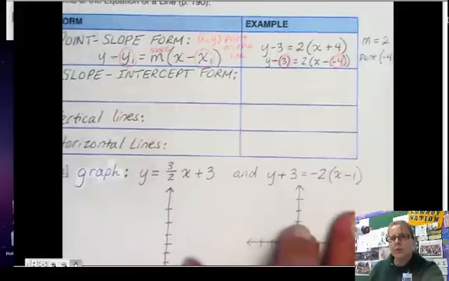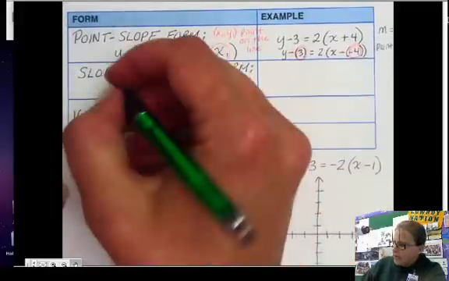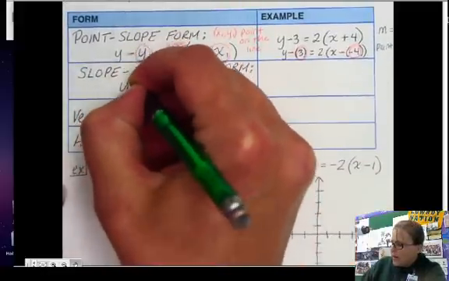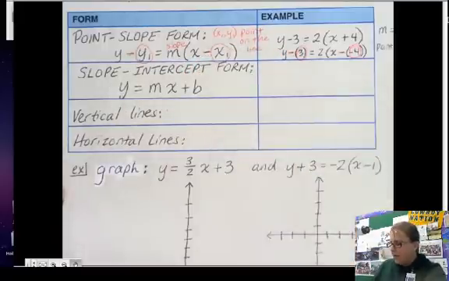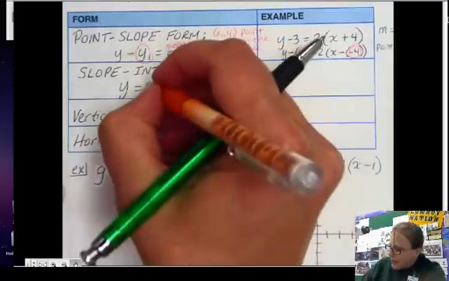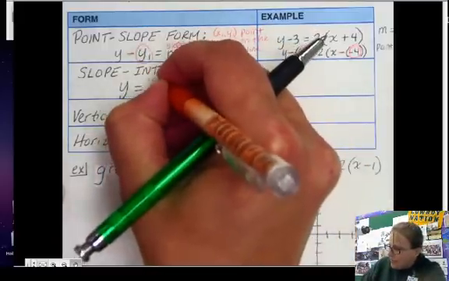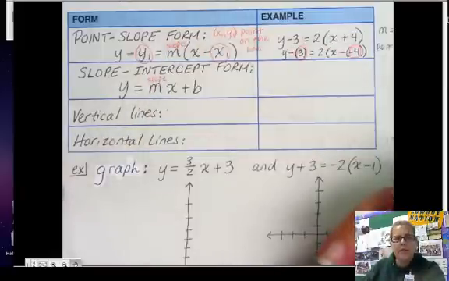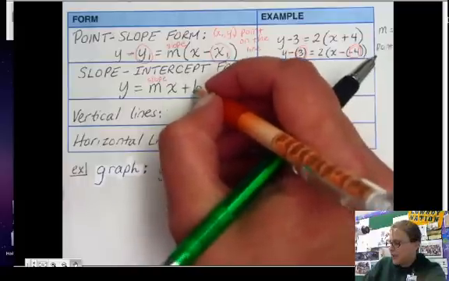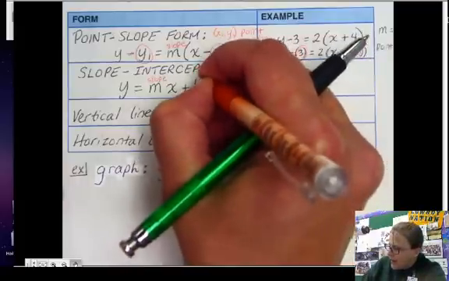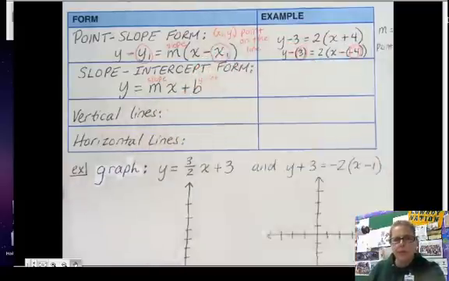Okay? Slope-intercept form is more commonly used, y equals mx plus b. And what this is we have the slope again is m, just like it was up here. But this time, instead of having a point on the line, we are told what the y-intercept is, and that's what b is, the y-intercept. Okay?